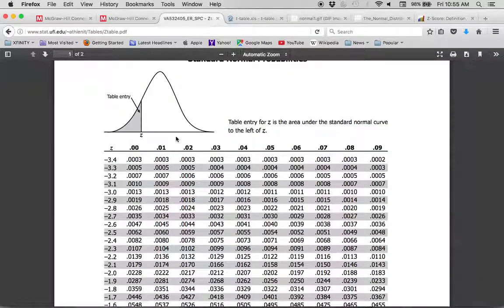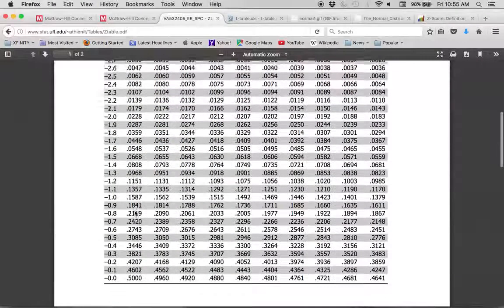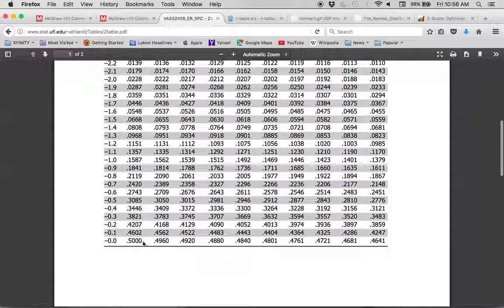So this z table is telling us the percentage of the population that lies below the z-score, all right? So if we go to 0, we should get 50% because half the population is below 0.